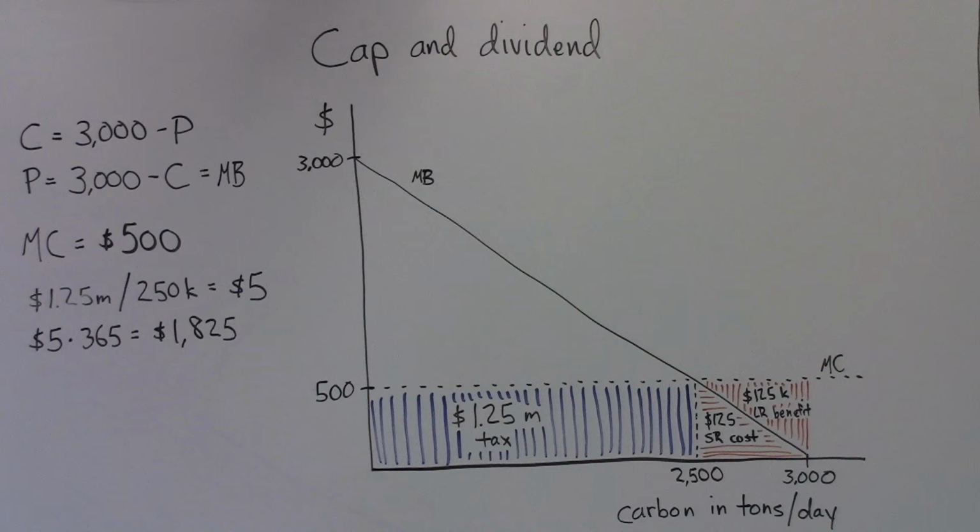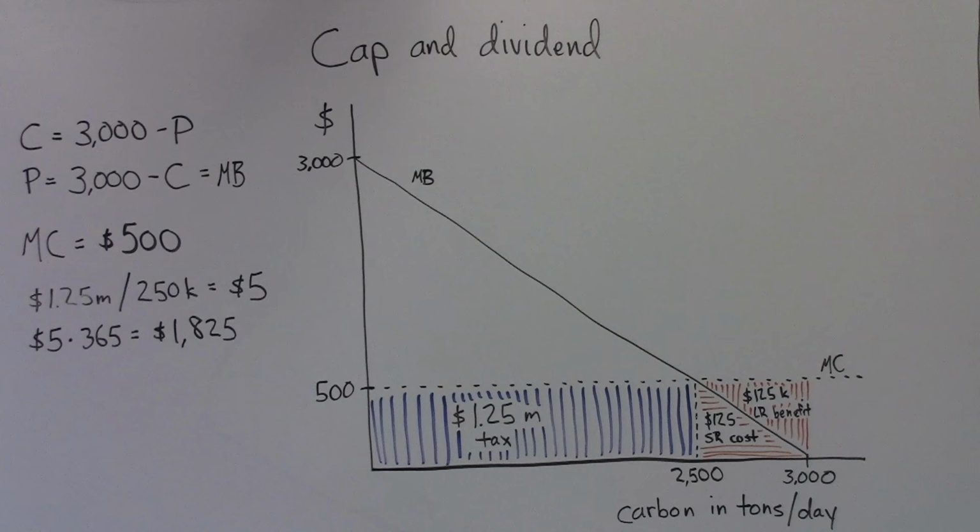Well, again, they should allow emissions until the marginal benefit of a ton of carbon no longer exceeds the marginal cost, which means that they should auction off 2,500 permits. In a competitive bid, permits would auction for $500 each, and the auction would raise $1.25 million, just like the tax. In a tax and dividend scheme, these revenues would be rebated to the public on an equal per capita basis.